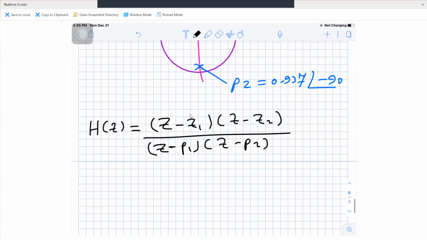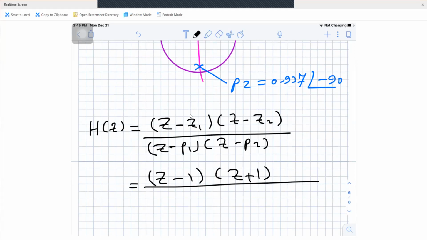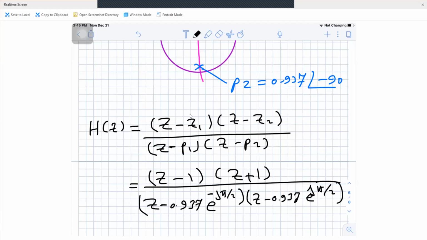Now substitute the values. z1 has magnitude 1 and angle 0, so z minus 1, multiplied by z plus 1, since we have magnitude 1 and angle of 180 degrees, so it will be minus 1, divided by z minus 0.937 e to the minus j pi by 2, and z minus 0.937 e to the j pi by 2.